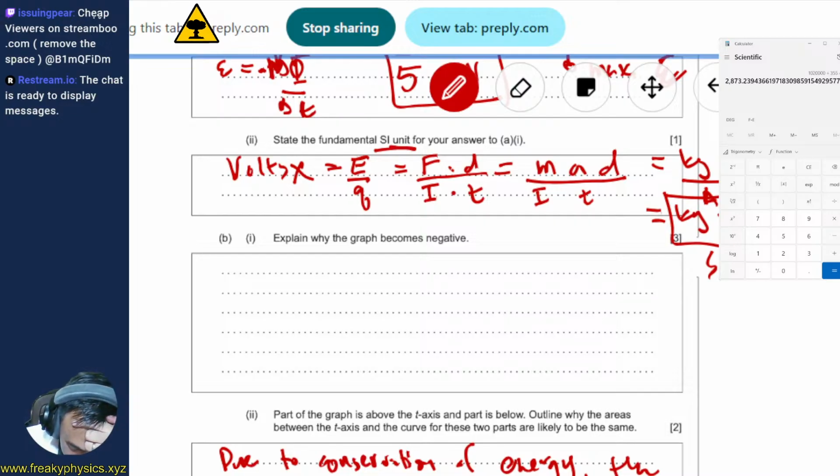Energy must stay constant. So that means the upper part, that's positive energy, the lower part, that's negative energy. So the two areas being equal means the energy gained is offset by the energy lost. And therefore it stays constant.